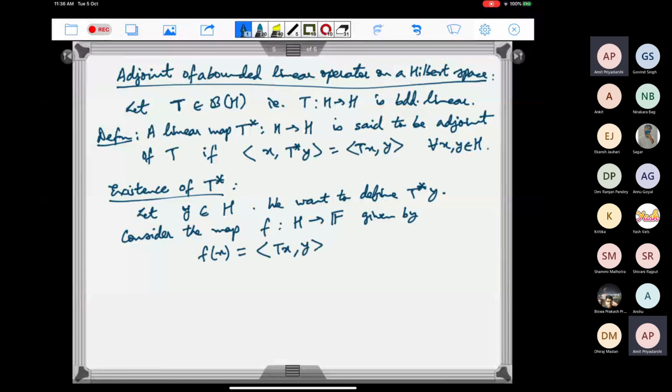So y is fixed now, and we are defining this map x going to f of x, and T was the given bounded linear operator. Now what do we know about this f? Clearly this f is linear. That is because T is linear and the inner product is linear in the first component.